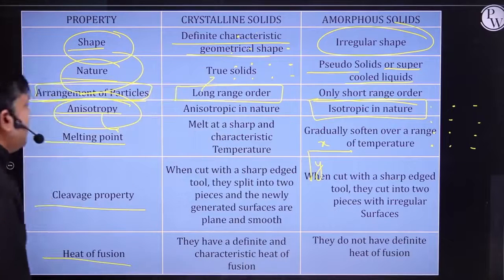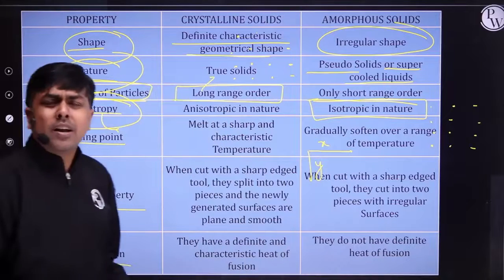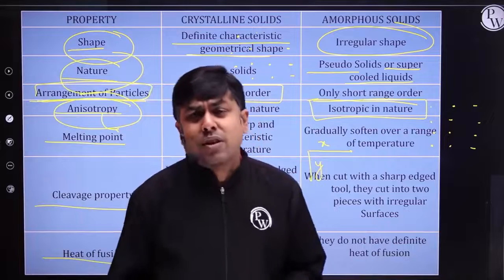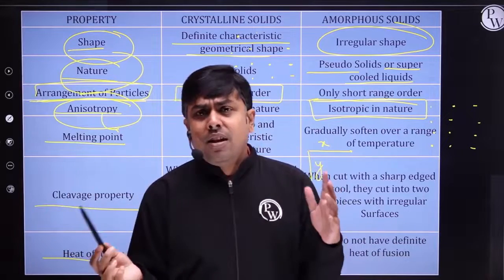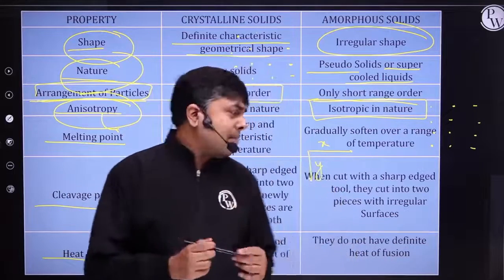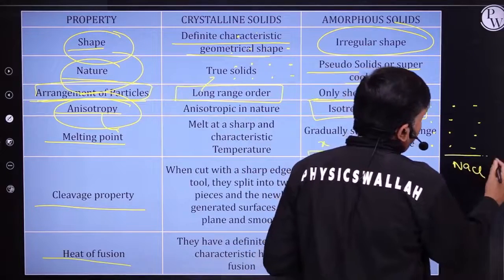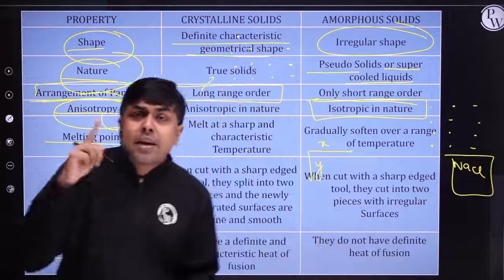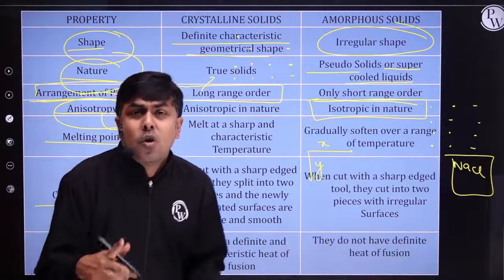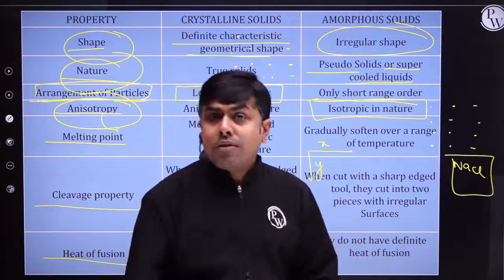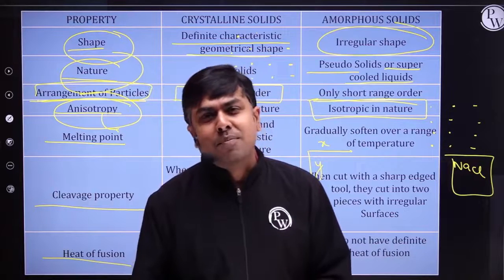Next one, melting point. Students, crystalline solids have fixed melting points. Suppose I have a crystalline solid, say rock salt, NaCl. For this NaCl, there will be a fixed melting point. Am I clear? Whereas amorphous solids don't have a fixed melting point.